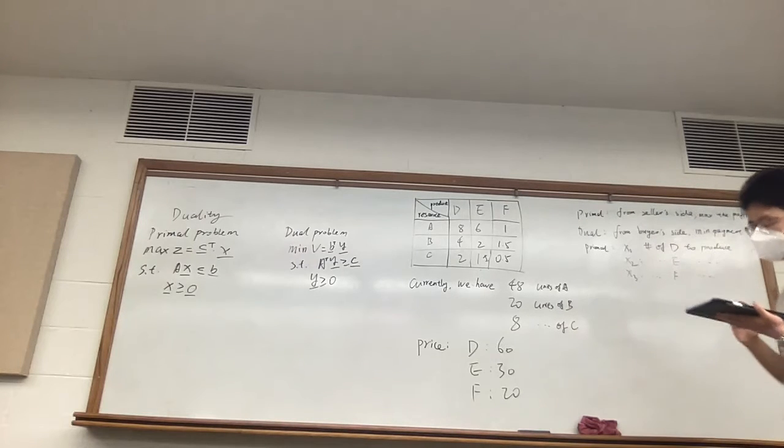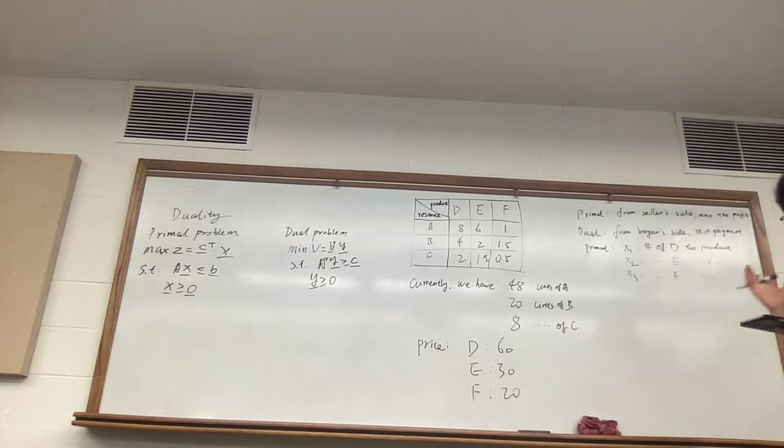These are my decision variables if I want to think from the seller side and maximize the profit. So can you tell me what is my objective function now? I want to maximize my profit. What is my profit?